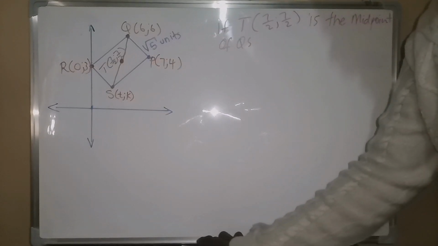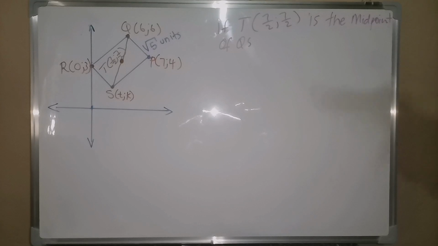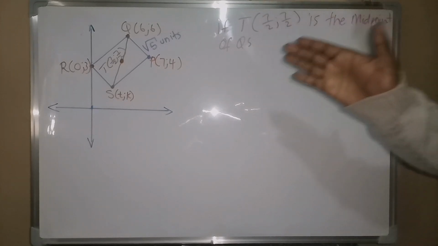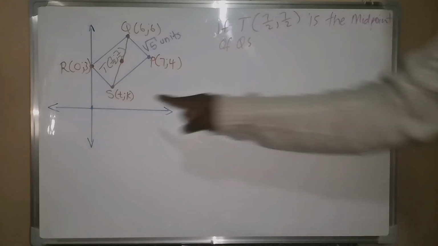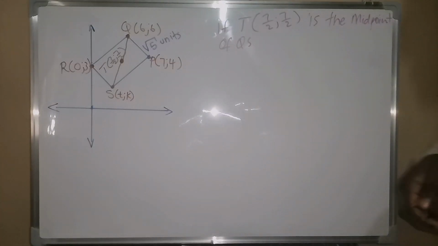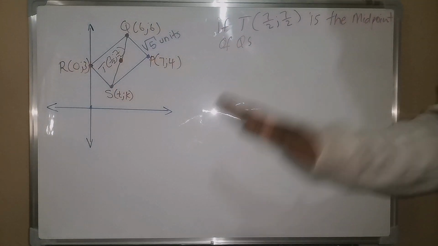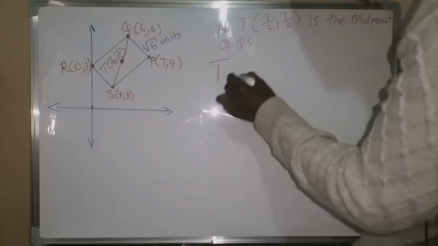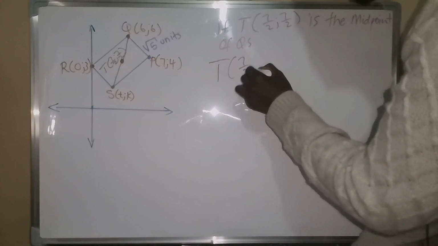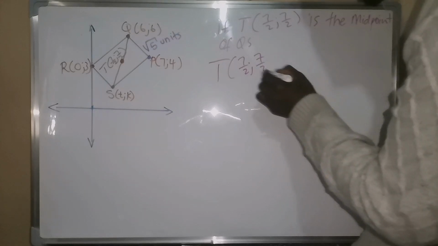Now, same scenario. We have the coordinates of our midpoint, which is T. We're going to use the midpoint formula to find the coordinates of S. If we have the coordinates of our midpoint, you put them on the left side over the variables inside the midpoint formula. So T is (7/2, 7/2).